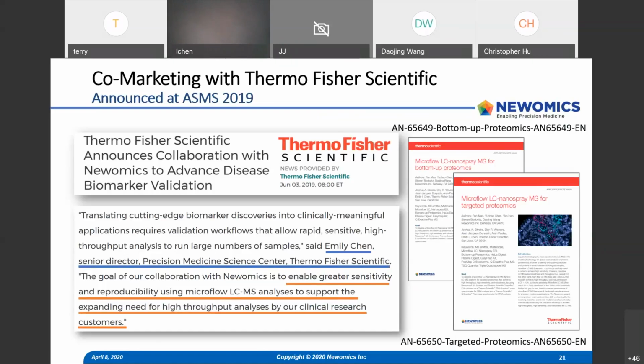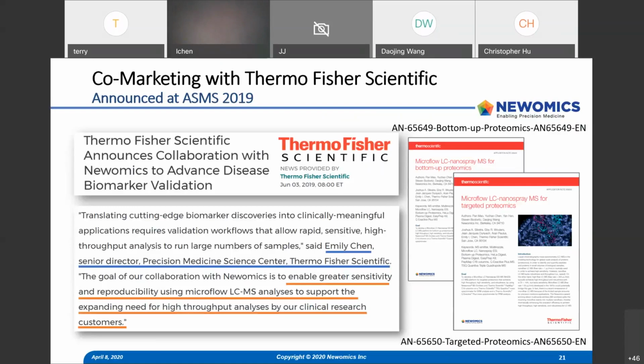On the other hand, most of the biomarkers were discovered by nanoflow. Whether they are reproducible, whether they are robust enough, that's the open question. So it will be nice if the discovery and the validation platforms were both robust and reproducible. And the other thing is a lot of validation was done by antibody validation. That will take a long time.